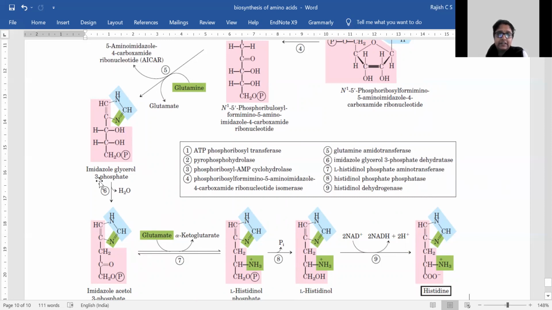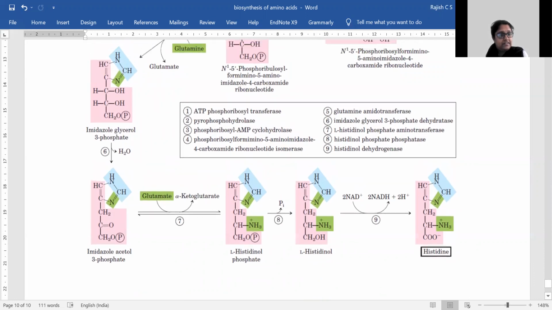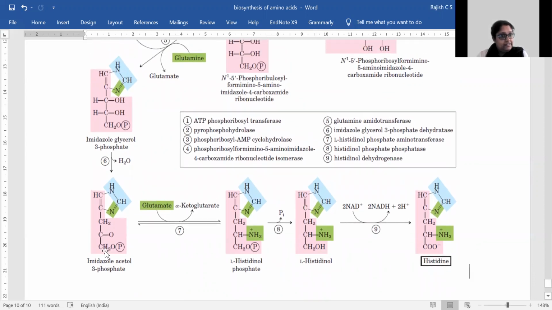So imidazole glycerol 3-phosphate dehydratase will remove the water from this ring structure, and finally we will have imidazole acetol phosphate. So again, CH2OP is here, and one OH will be removed from here, and one H will be removed from here.